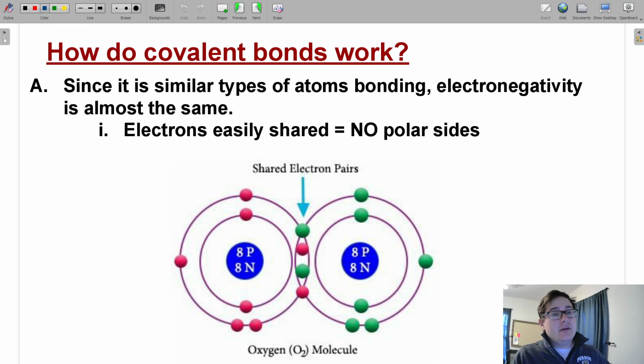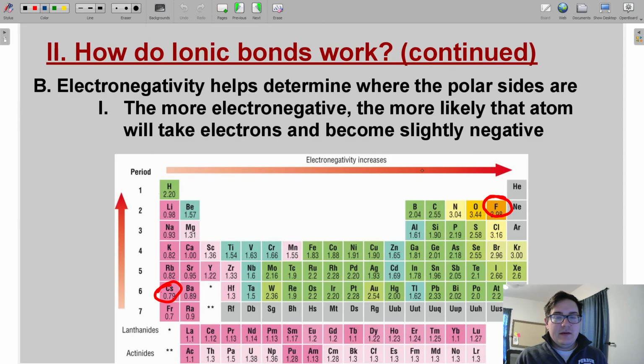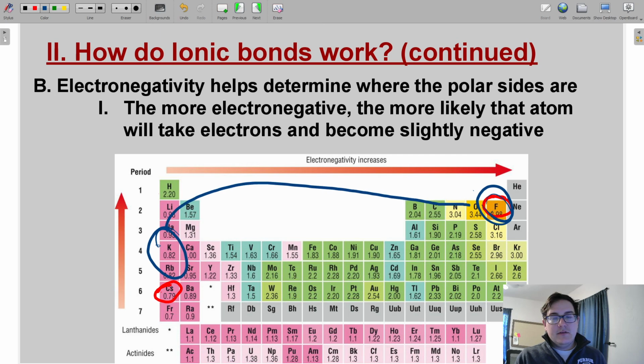Now let's look at covalent bonds. The problem with covalent bonds is that if we think back to the electronegativity that we talked about at the very beginning, if fluorine really wants electrons, it has no problem ripping away electrons from weak stuff. But what if it's close to itself?